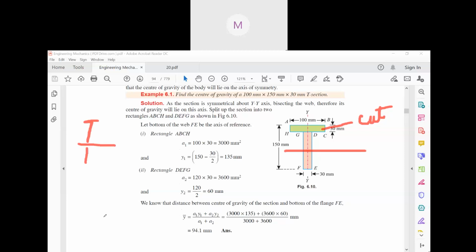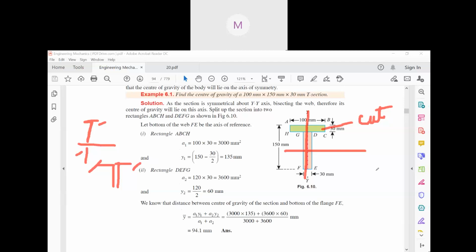But if you cut like this, one part will remain like this, the other part will remain like this. That means the T is cut into half, and both are equal, right? Both are the same, but here it is not the same. Yes or no? Are you getting what is symmetrical and what is non-symmetrical? Are you getting the idea?